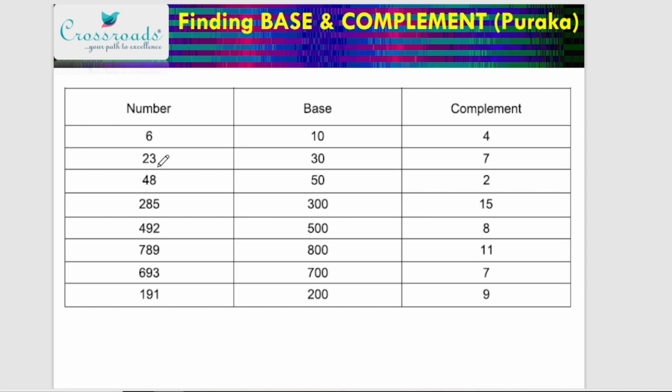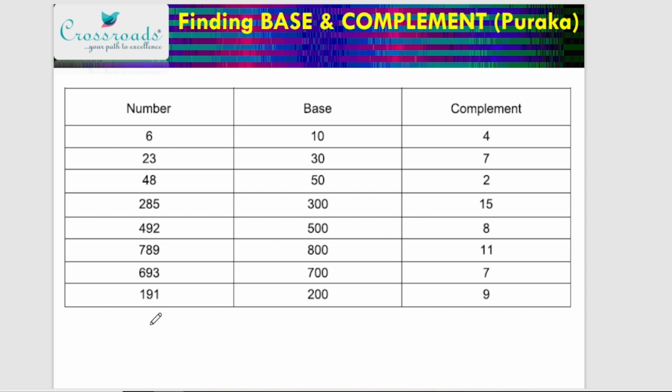I have a number 23, the base is 30. The difference between 23 and 30 is 7. Similarly, for 48, 50 is the base, and the complement becomes 2. I have 285, the base is 300, the complement becomes 15. I have 492, the base is 500, and the complement is 8.